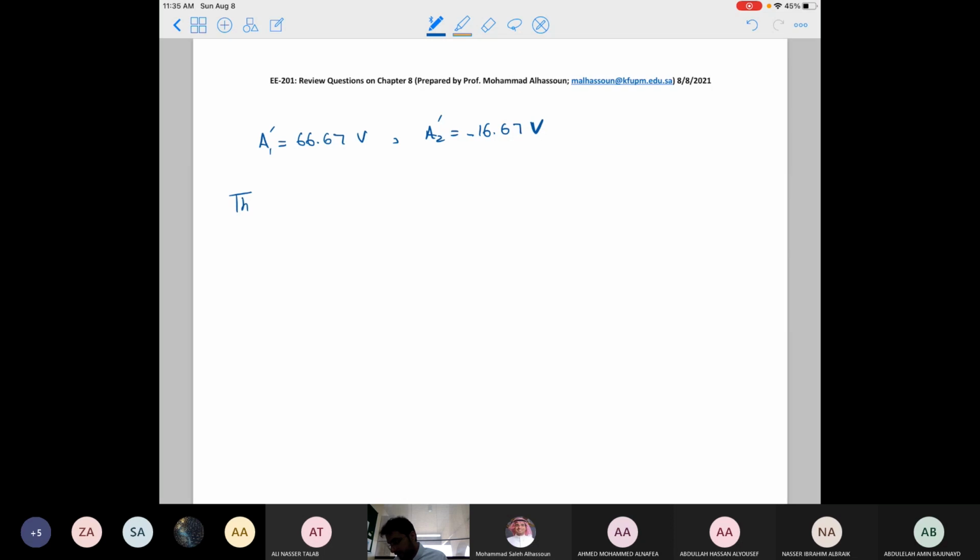Okay, now I found the coefficients. So all you need to do now is substitute. If I substitute, I will end up with 150 plus 66 and so on. Okay, that's all.